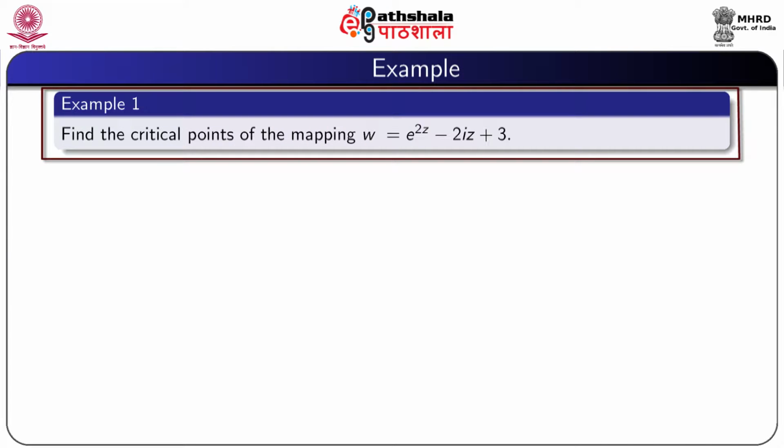Now we consider an example. Find the critical points of the mapping w = e^(2z) - 2iz + 3.